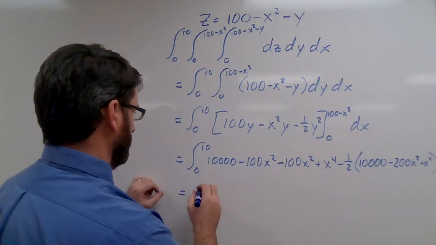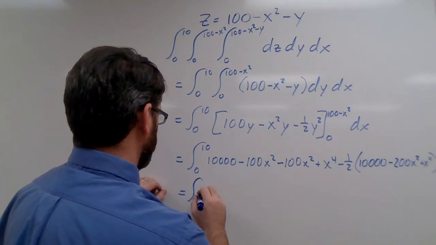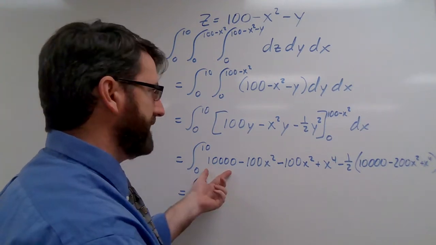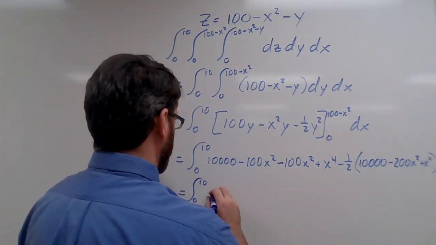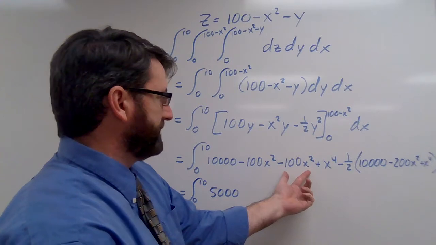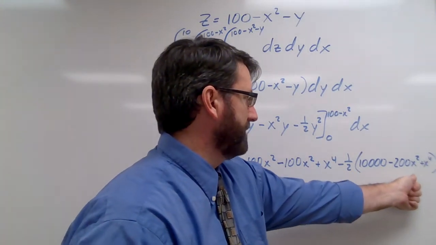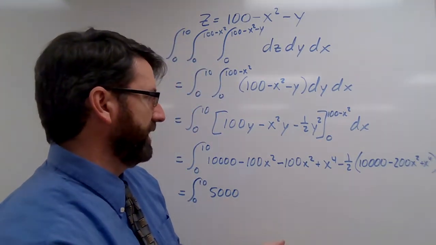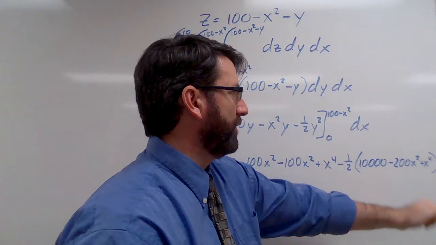So now, if we can simplify this, 10,000 minus 1/2 times 10,000 is going to be 5,000. This is going to be negative 200 x squared minus 1/2 times negative 200. So this is negative 200 x squared plus 100 x squared.